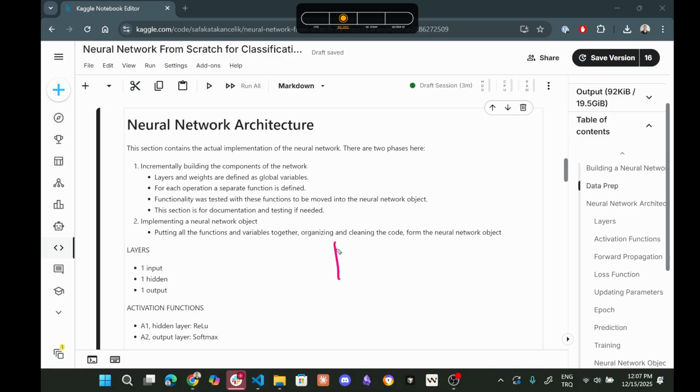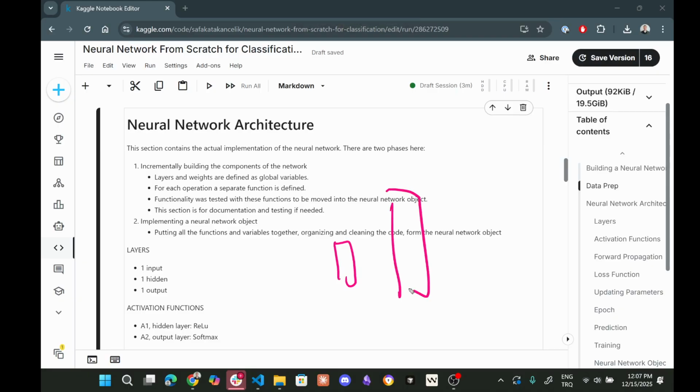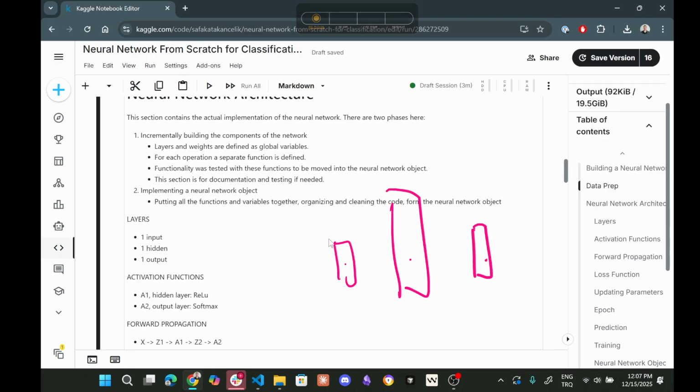I have an input layer, a hidden layer and an output layer. In the input layer, I have 2 features. In the output layer as well, I have 2 classes. In the hidden layer, I have many neurons. And in between, I have weights.